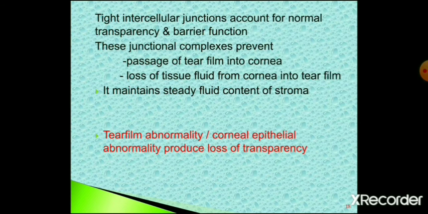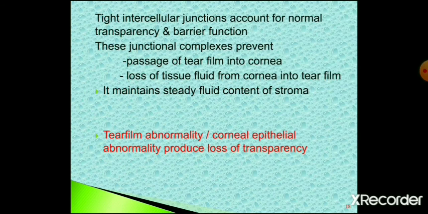This junctional complex prevents passage of tear film into the cornea, and loss of tissue fluid from the cornea into the tear film. So it maintains a steady fluid content in the stroma of the cornea.